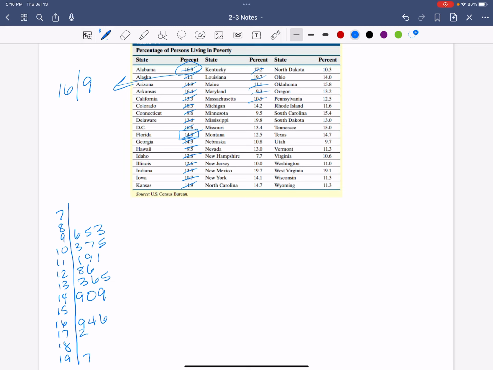So I'm just putting the decimals, and those are my leaves that are going out. Do you see what's happening here? 9.5, 19.8, 13.4, 12.5, 10.8, 13.0. This one's kind of a big one. I'm not always going to give you these great big huge ones like this.